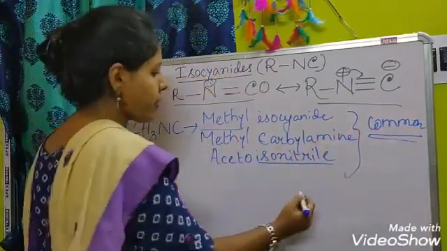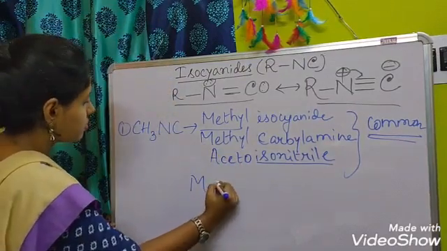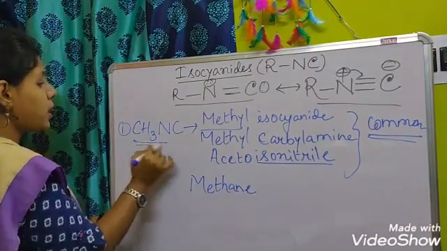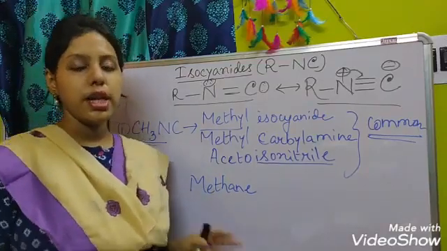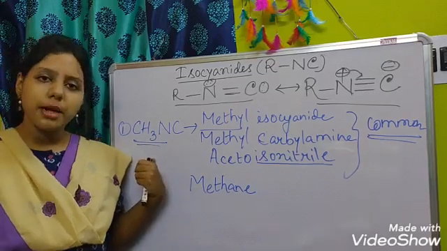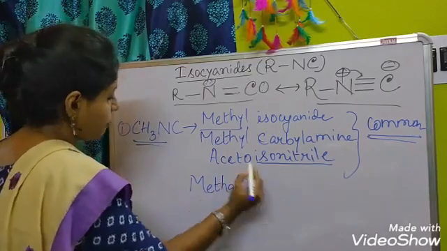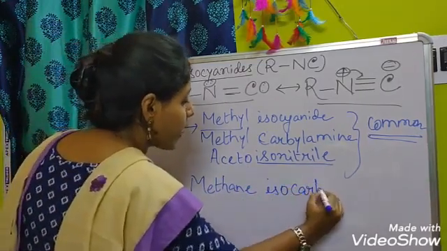So now in IUPAC method we can write it methane. First of all, in this case we do not need to count the total number of carbon atoms. Just one carbon atom is there, so methane. Then isocarbonitrile.